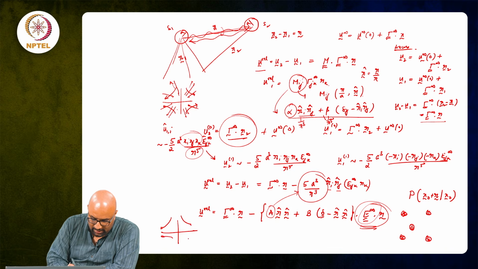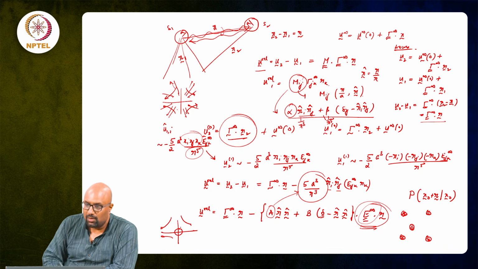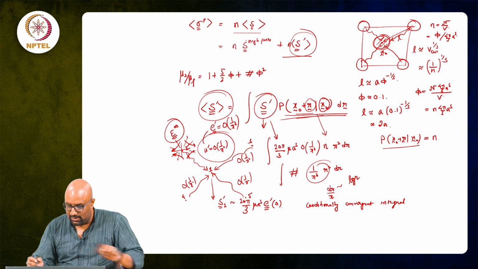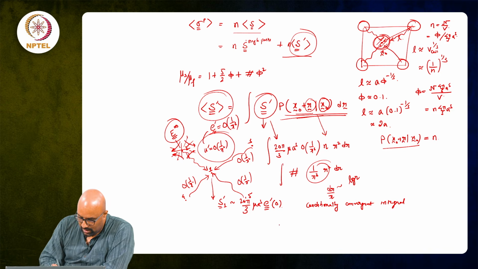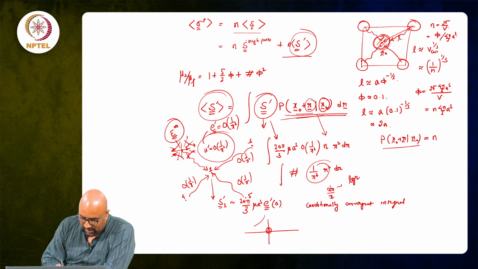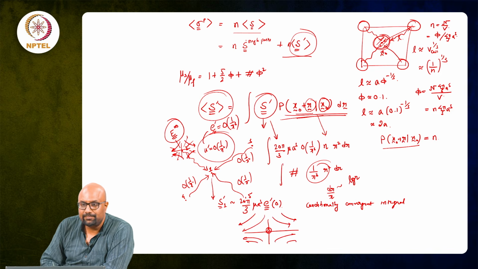So, I am drawing with respect to a single sphere, or you can have, let us see, there is some space here. So, if I consider one sphere, with respect to this sphere, the second sphere can go along paths which look like this. So, this is something similar to a planar extension.